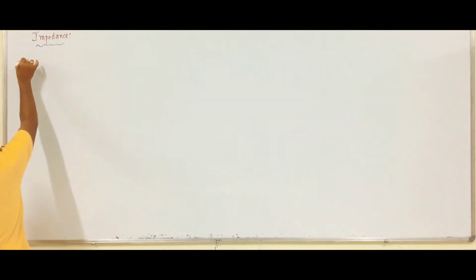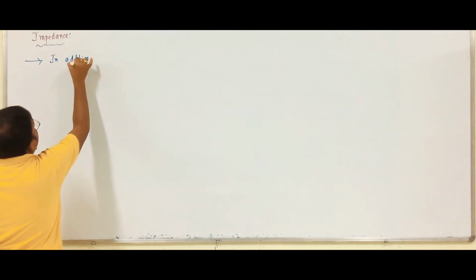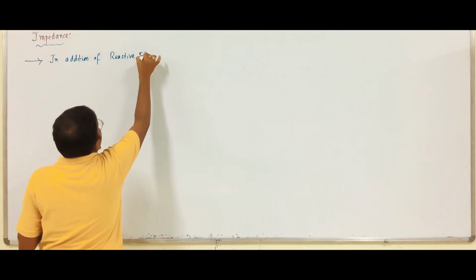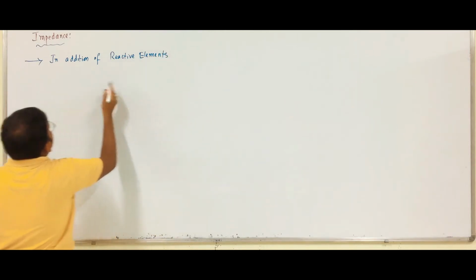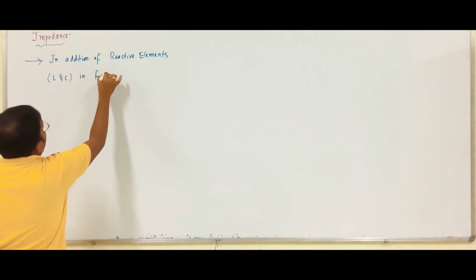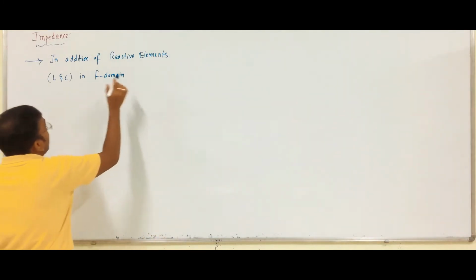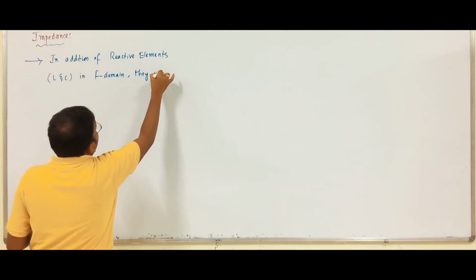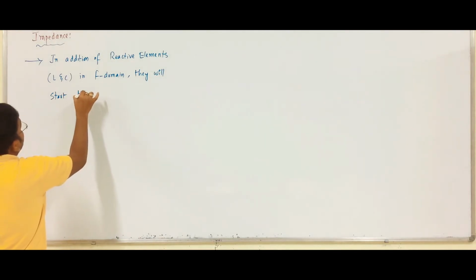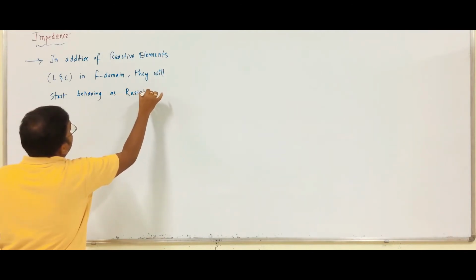Before that, first we have to write one point. In addition, the reactive elements, L and C in the frequency domain, will start behaving as resistors.